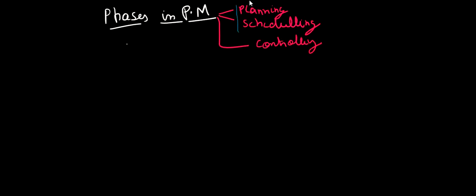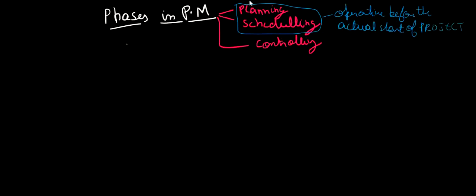Out of these three, planning and scheduling are operative even before the actual start of the project, and controlling during the project.